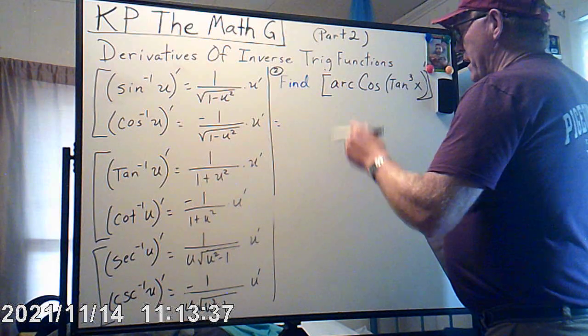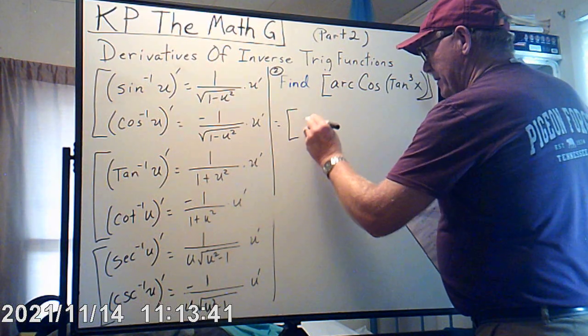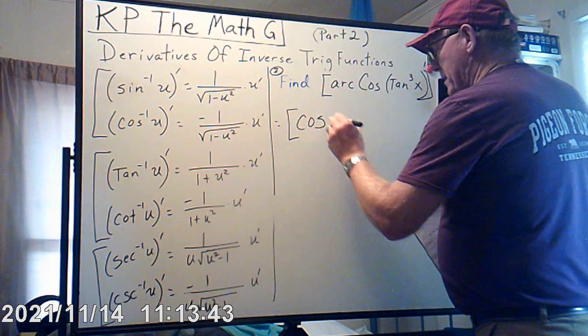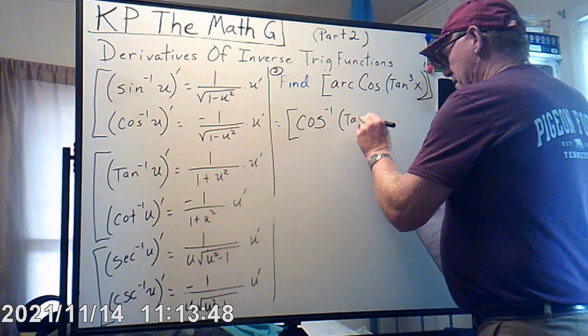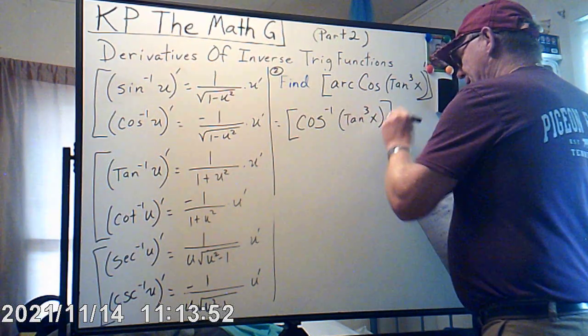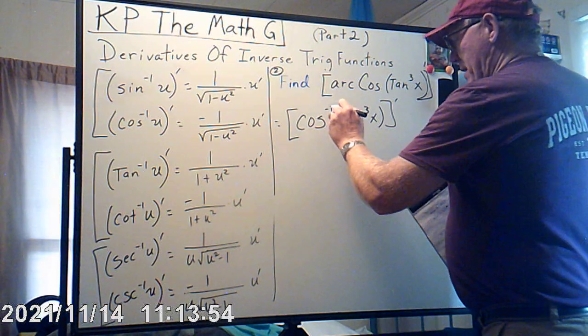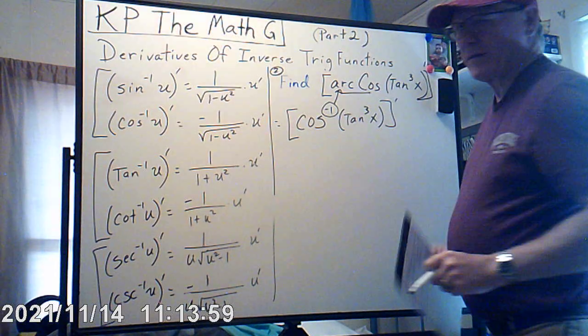Okay. And again, this is the same thing as saying I want to find cosine inverse like this. And what we've been doing is the exact same thing. This right here is the same thing as arc cosine.